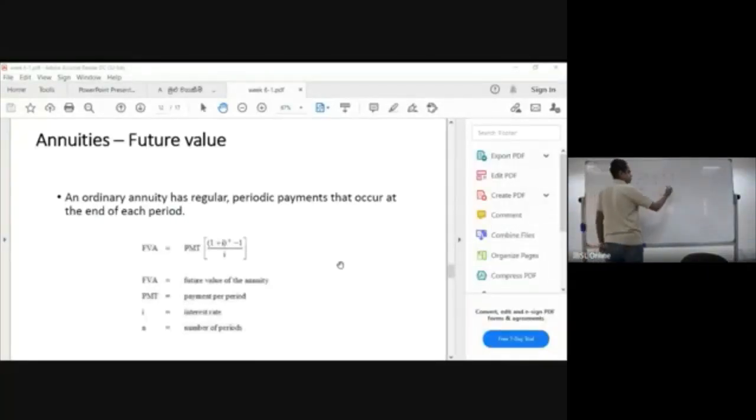And if you need to calculate the future value, you can still calculate using what is given in this slide. So you can calculate both the future value of this annuity as well as the present value.